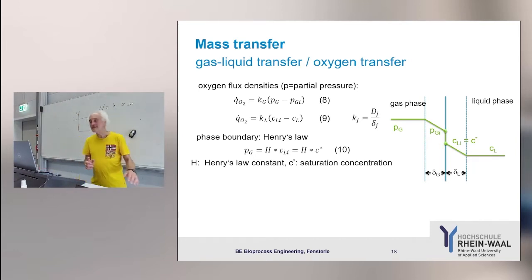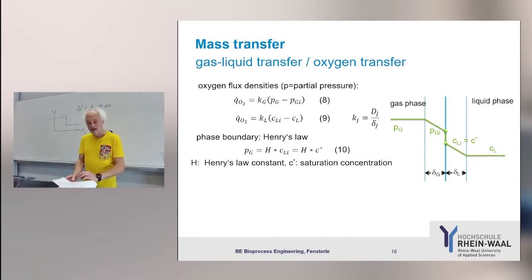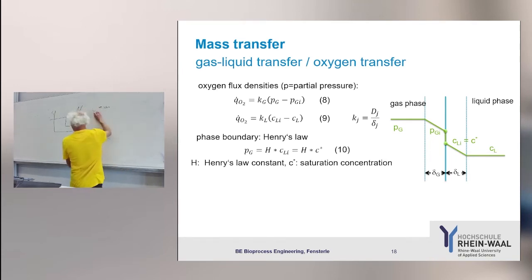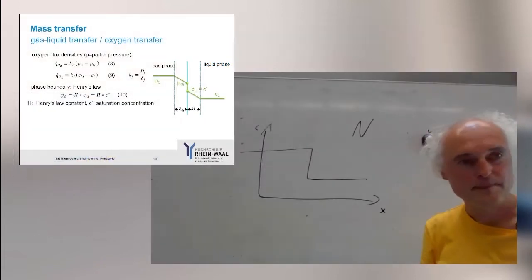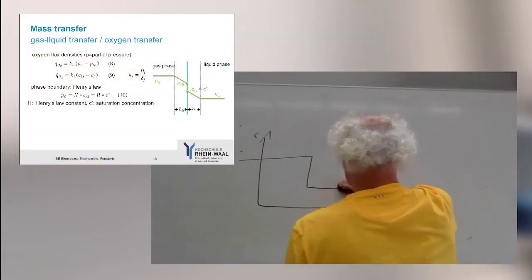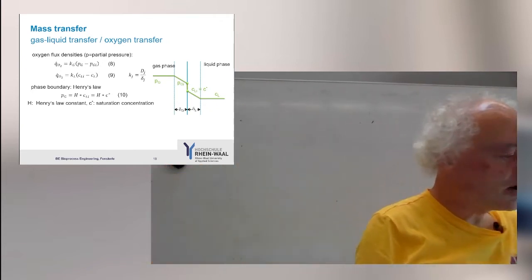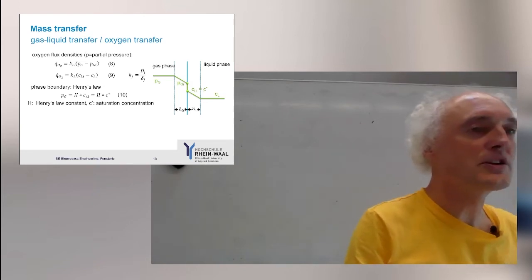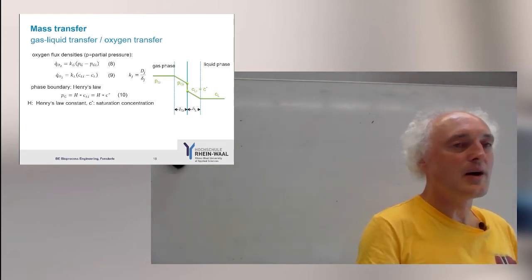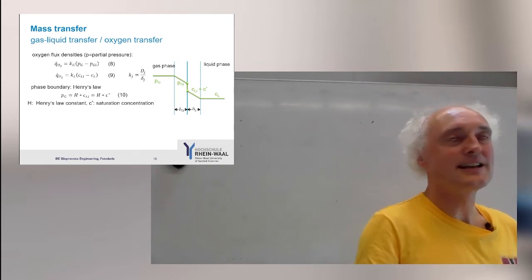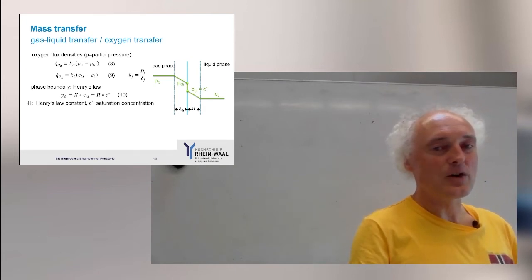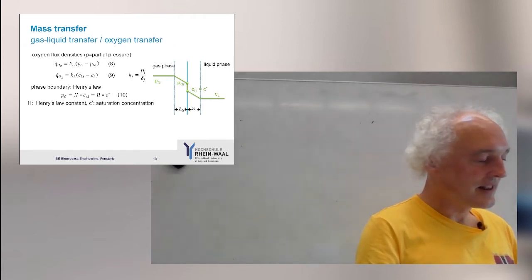But again, the cool thing is now we say the gas phase we can completely neglect. So we just look at the liquid phase and what's happening there. So at the end, we can just copy. If we want to know what the transfer is, we can just look at this equation there, which gives us the flux densities, and ask, what is the flux density at the liquid phase?